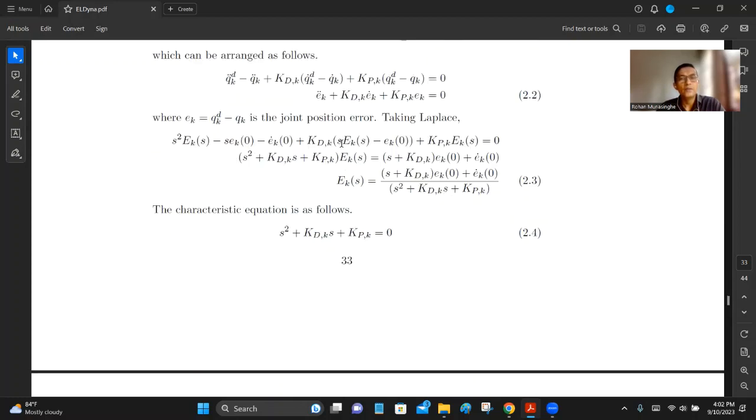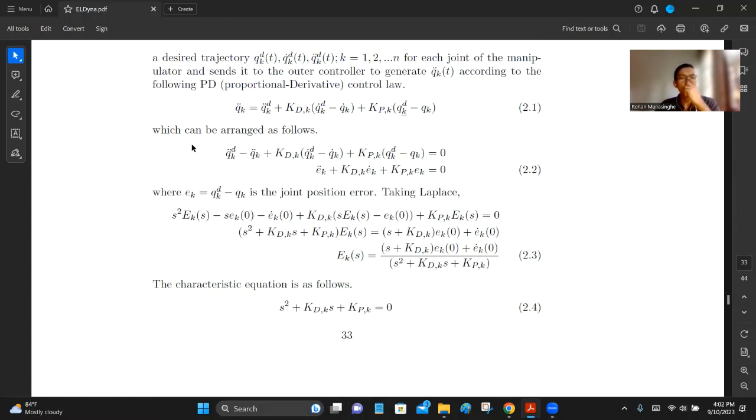Now what I do is I take this Q double dot K to the right hand side and make the left hand side 0, right? Then everything on the right hand side, I have written on the left hand side here again, with 0 on the right hand side. So what is that?